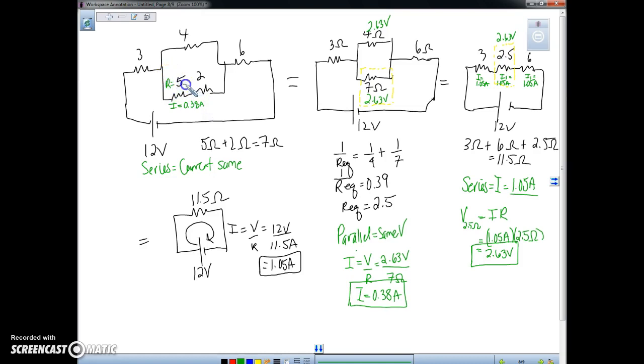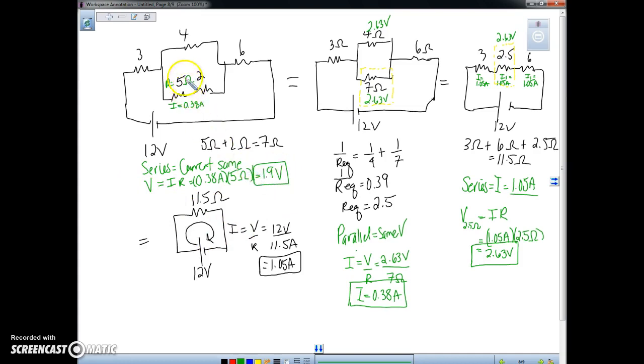And lo and behold, we can find the voltage. The voltage is going to equal IR there, which will be 0.38 amps times 5 ohms, which gives us our answer of 1.9 volts. So we solved the problem.